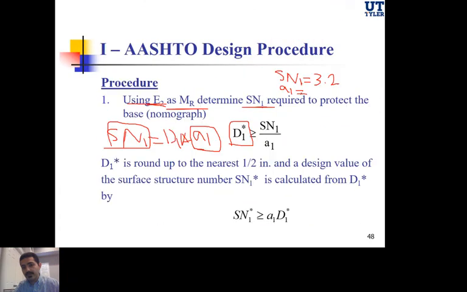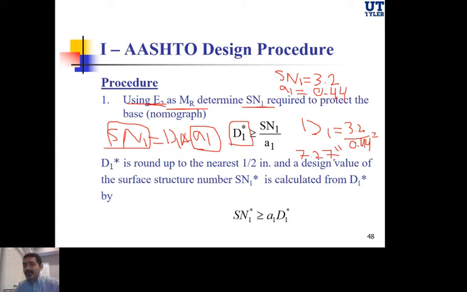So I'm going to come back to here and say A1 is equal to 0.44. Therefore, D1 now will be equal to 3.2 over 0.44, and that would give me a layer thickness of 7.27. So the exact thickness that I really need is 7.27 inches.